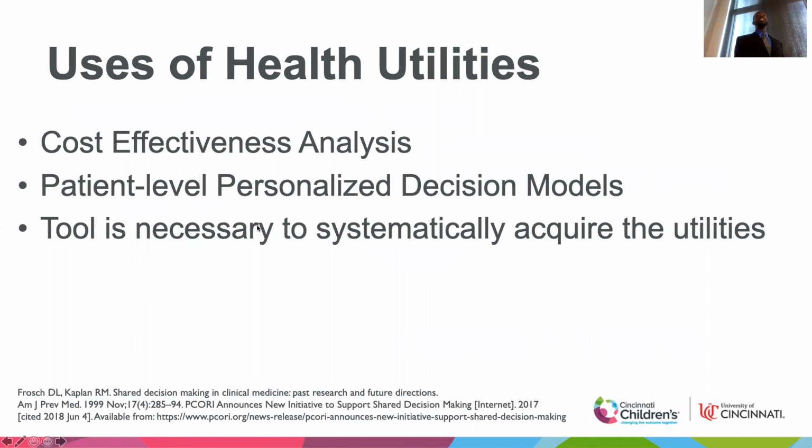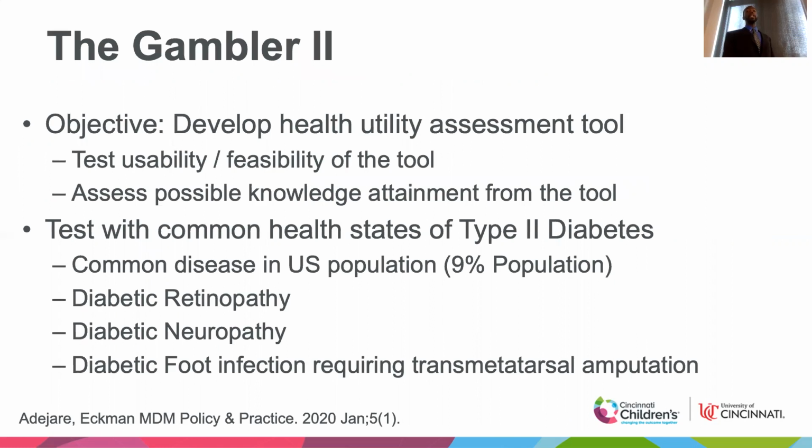So let's go into what we can use health utilities for. We could use them for cost effectiveness analysis and patient level personalized decision models. And so with that in mind, we need tools to systematically acquire these health utilities. We're going to talk about how we can do this through the objective of the Exemplar, where we want to develop a health utility assessment tool and test the usability and feasibility of the tool, as well as see if this tool can actually improve patients' knowledge while having their utilities assessed.